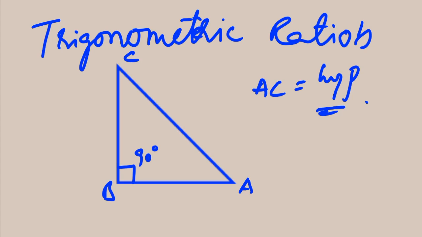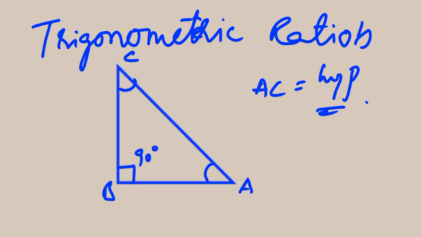So by taking this triangle, now we have to define the trigonometric ratios. In this right angle triangle, one angle is 90 degrees, and the remaining two angles are acute angles. Acute angles means the angle lies between 0 and 90, less than 90 degrees.